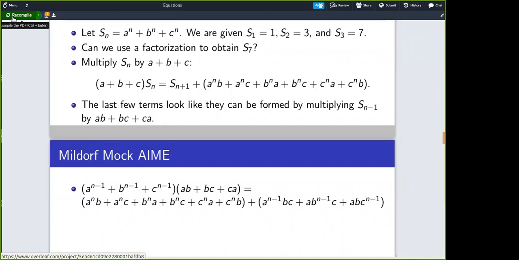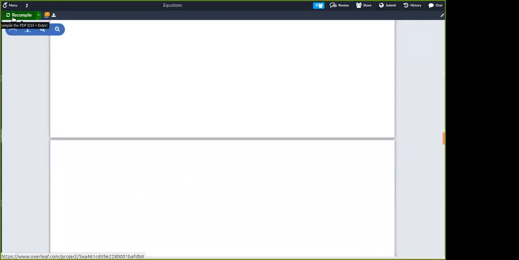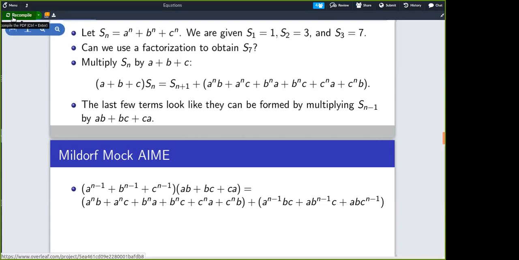So we can factor out a, b, c from all 3 of those terms. If we do, it's just a to the n minus 2 plus b to the n minus 2 plus c to the n minus 2. So that second grouping on the right side is just ABC times S of n minus 2.